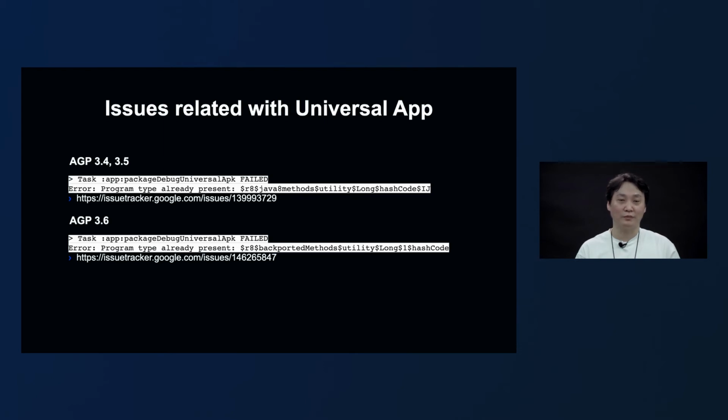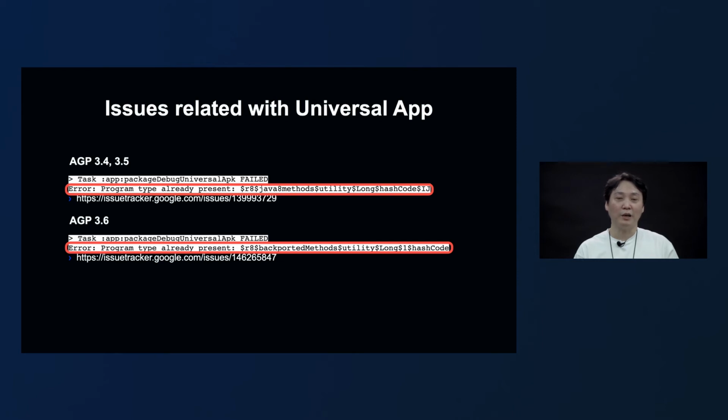Now I will share some of the problems that we faced when applying AppBundle. The error on the screen is the first problem we encountered while we were trying to distribute Universal APK. When I was trying to create Universal APK, this happened while I was trying to integrate the dynamic feature and the desugared code.